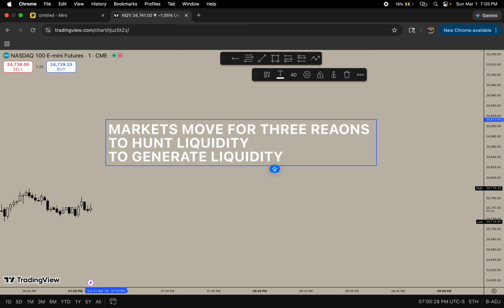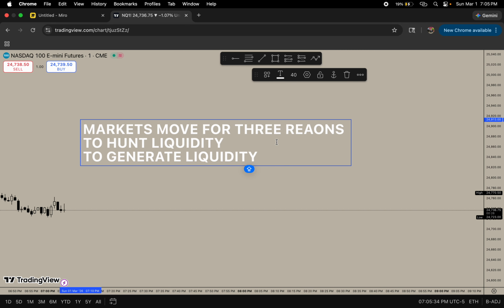Not all liquidity has to get swept. There's going to be points in time where I'll look for an example after and show you exactly what I mean. There's going to be points in the market where it'll leave a ginormous amount of liquidity behind, and that's where you'll see that it's generated that liquidity.